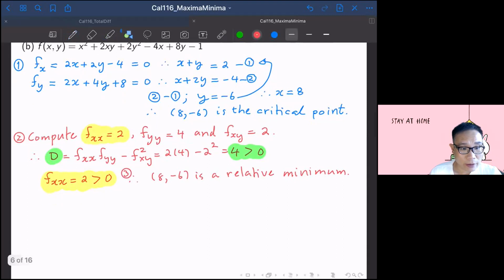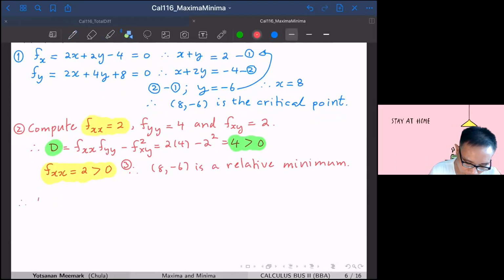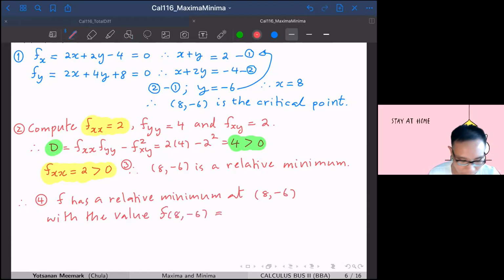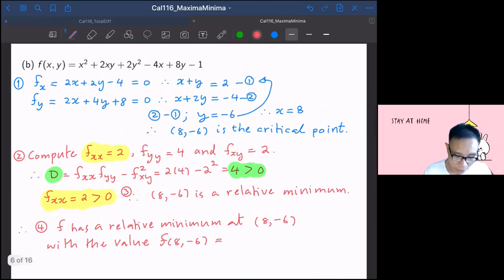Okay, and finally we're gonna have the fourth step, which is: f has a relative minimum at (8, -6), with the value f(8, -6) equal to... you just plug into the original function, and if you plug in correctly, you would get negative 41.